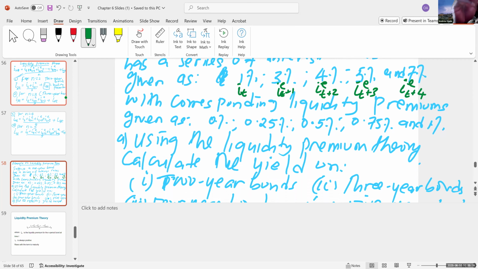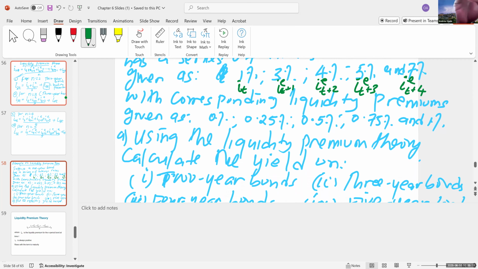And then when we say they have corresponding liquidity premiums given as this, this is going to be LT. There's a liquidity premium on a 1-year bond. But for the 2-year bond, this is L2T. This is L3T. This is L4T. And then this last one for 1% is L5T. That's the liquidity premiums.